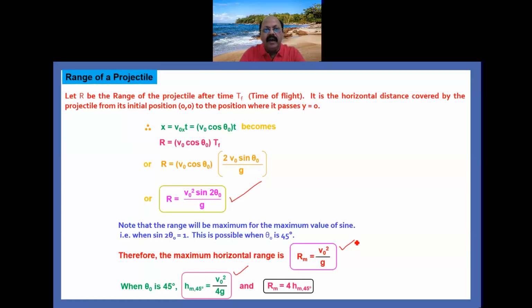That you will get Rm equal to 4Hm. Means in place of this V naught square upon G you write Rm. So Hm equal to Rm upon 4, then Rm equal to 4 Hm at 45 degree. That is, the maximum horizontal range is equal to 4 times the maximum height when the projectile is projected at an angle 45 degree.